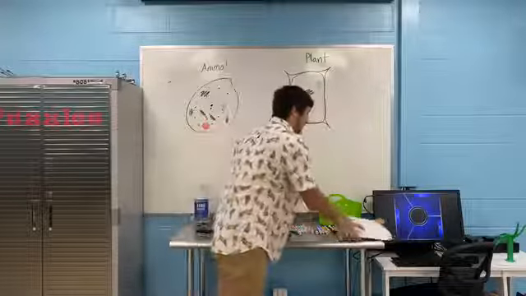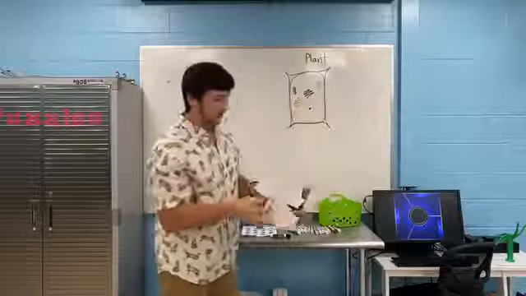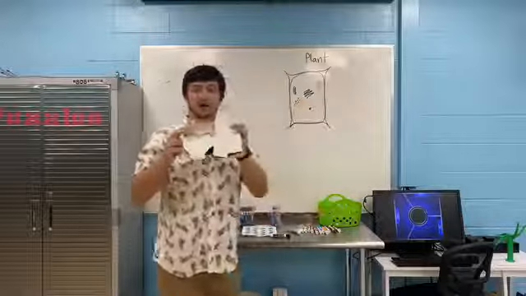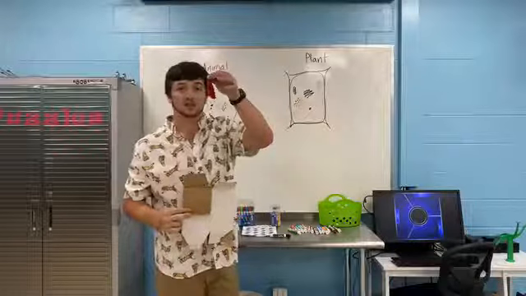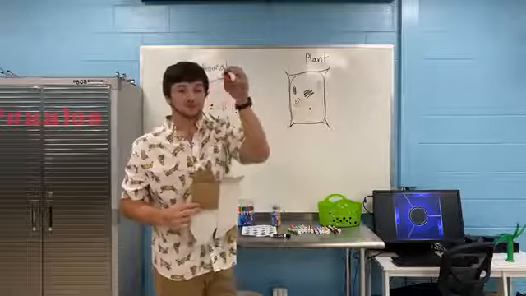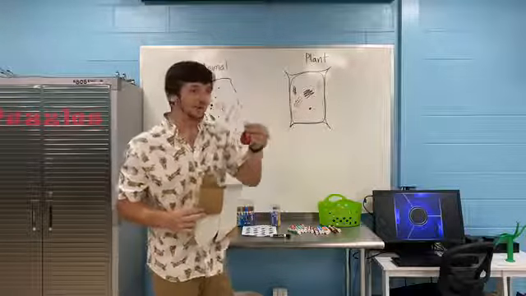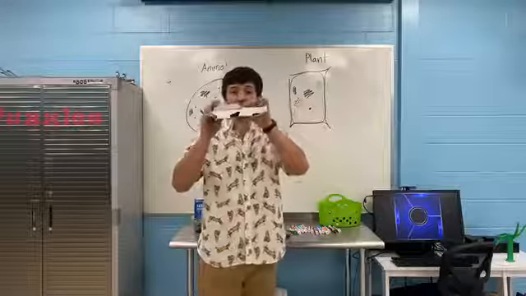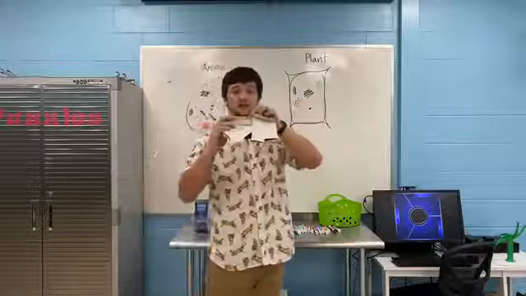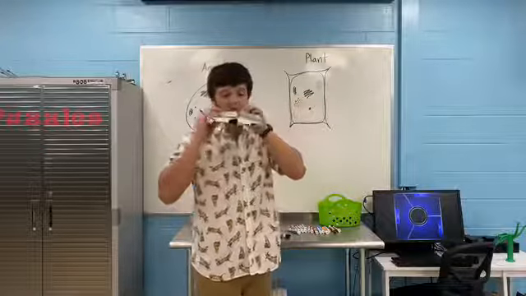To demonstrate that, I have this cardboard box, which is going to be my cell wall, and then I have a balloon right here. This is my large central vacuole, right? I'm going to blow air into it, but I'm going to pretend it's water. Whenever it's flat like this, the plant is wilted. Whenever I blow air into it, it'll change.